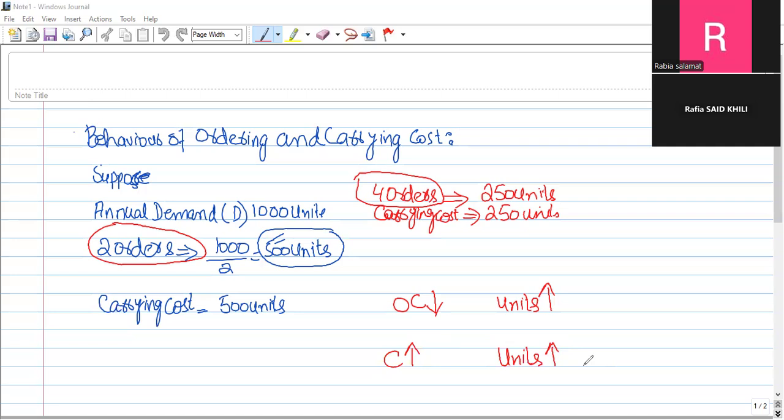So what is the behavior of ordering cost and units? See the direction of arrow. They are opposite. If units increase, ordering cost decreases. If units decrease, to 250, the ordering cost increases.